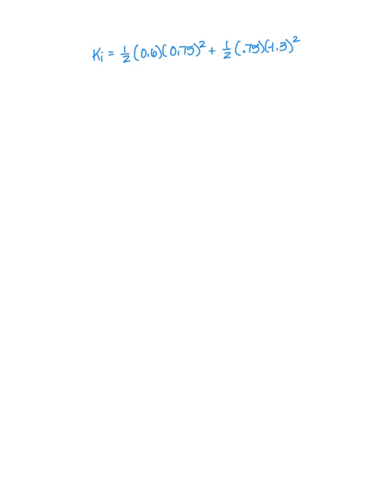So I end up with a total kinetic energy of 0.8025 joules. Now let's look at my final kinetic energy. I have 1/2 of 0.6. Now what we found was the final velocity of A was minus 1.53. We'll square that, and then I have 1/2 the mass of B, which is 0.75, and its final velocity was 0.52 squared. So let's see what we get there.